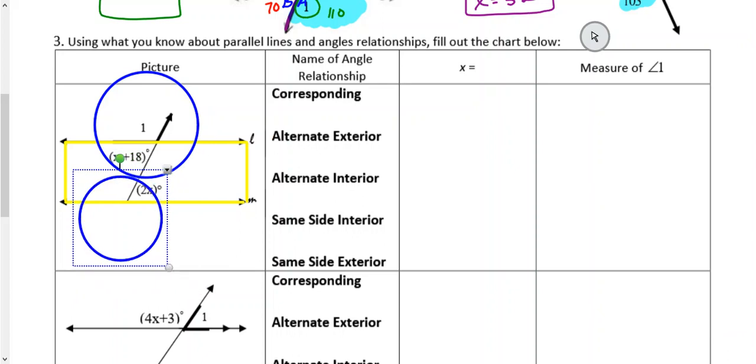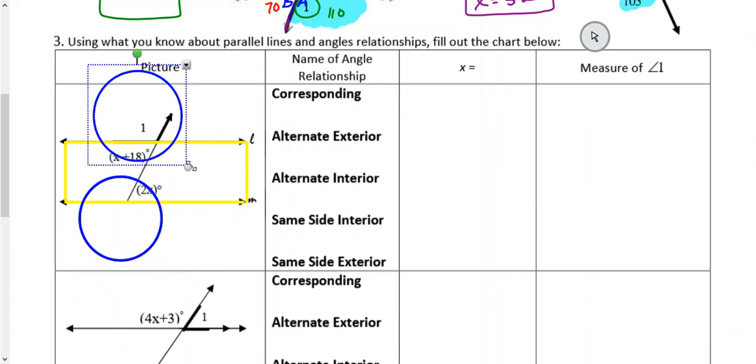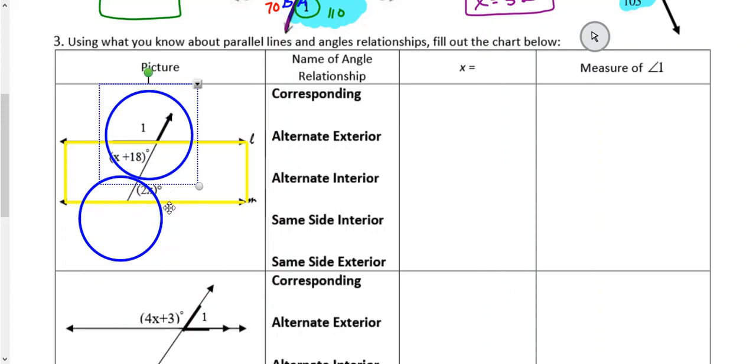And because we are still dealing with parallel lines, I am going to label my A's and B's. So starting at the top, I'm going to go A and then B, and fill those in. All right, the two angles that I'm working with, I have this x plus 18 and I have this 2x.